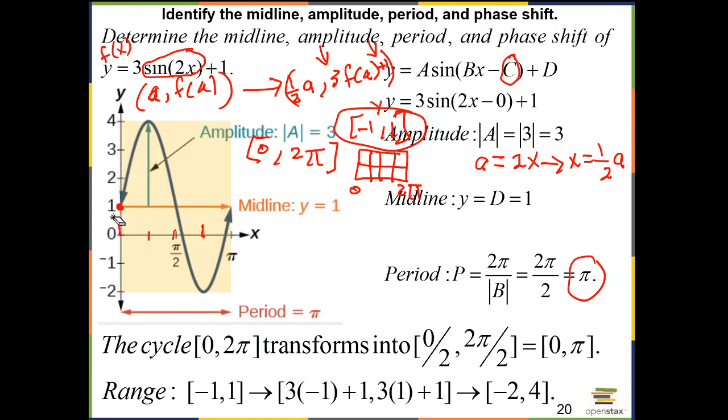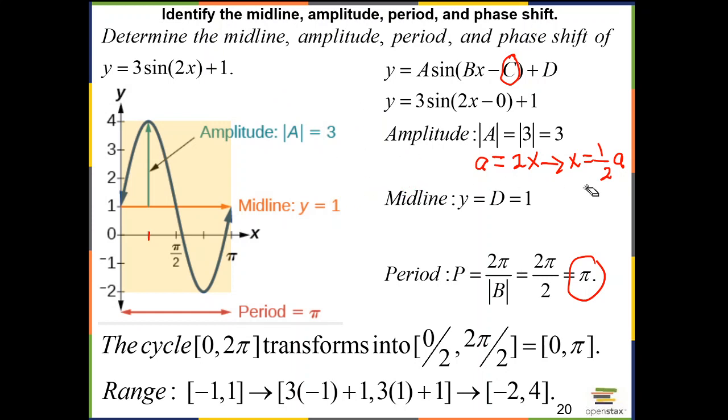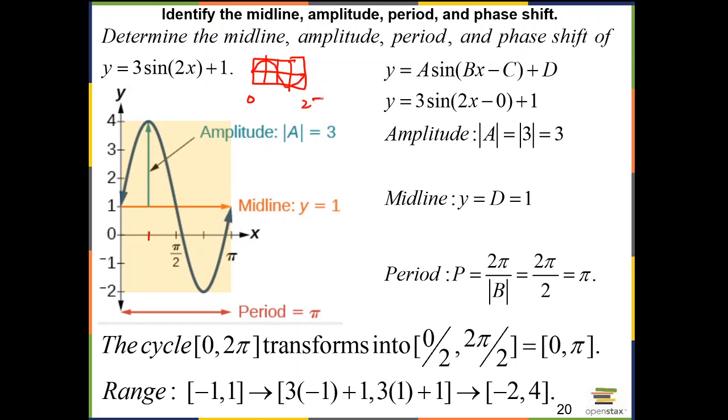So again, let me clear everything here. We can easily see 2 different ways to graph this one. We can take the original rectangle of sine, after we realize this is just a regular sine. We get the original rectangle that goes from 0 to 2 pi and goes from negative 1 to 1. We're going to take that and apply the transformations, get the new rectangle, and then graph it.